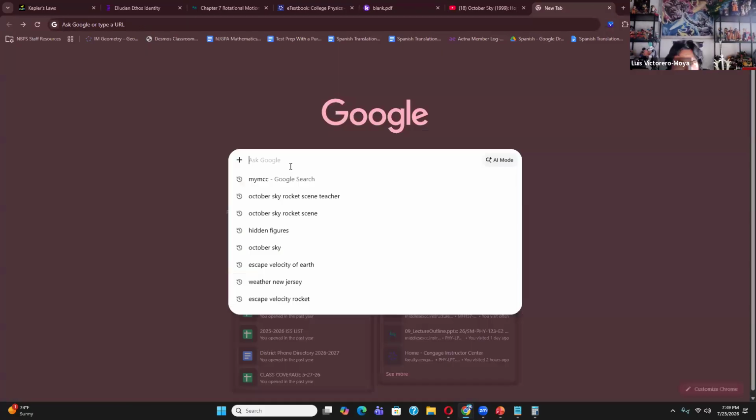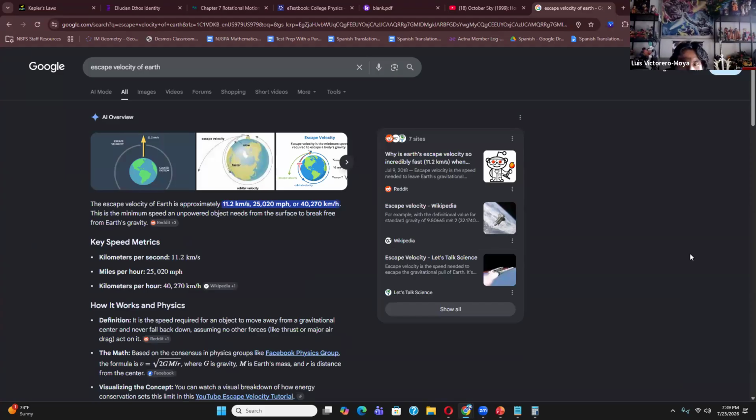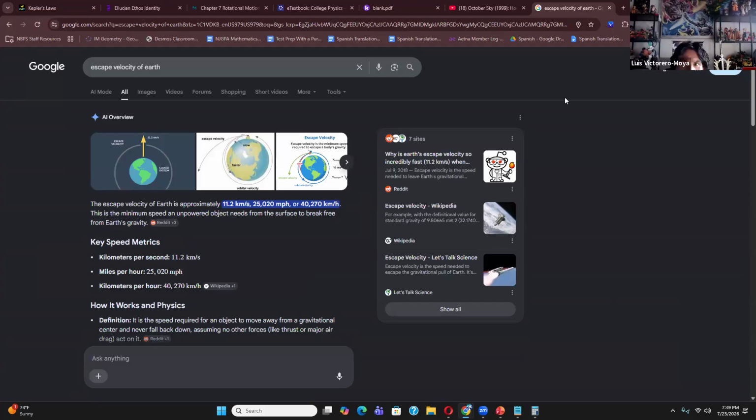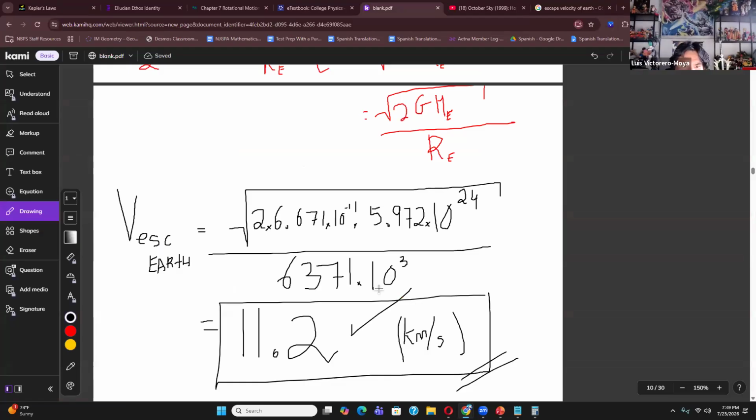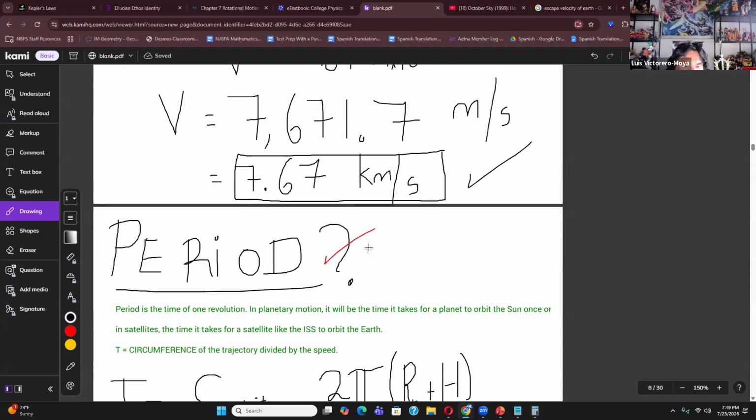All right, because this value is basically the value of the escape velocity of Earth. And it changes for a planet. And how interesting, right? Escape velocity, orbital velocity. The orbital velocity is less than the escape velocity.